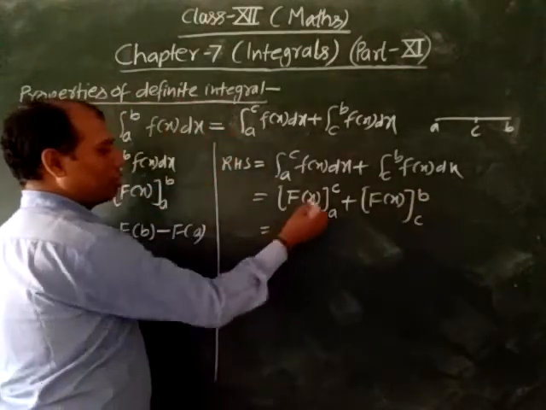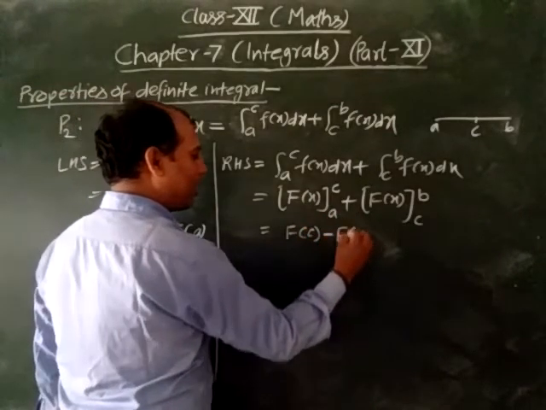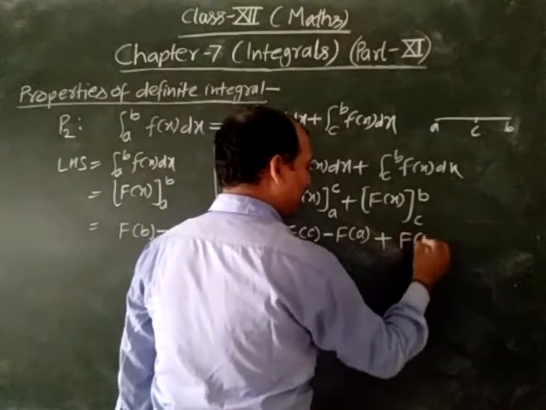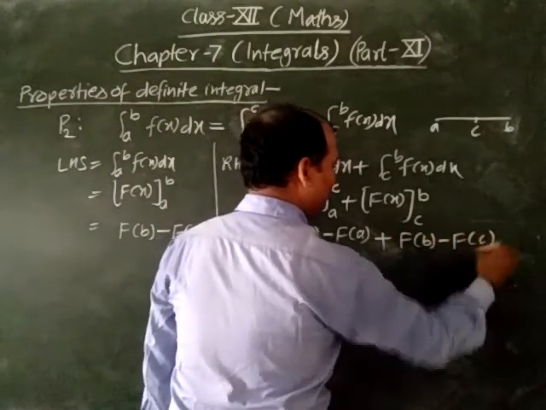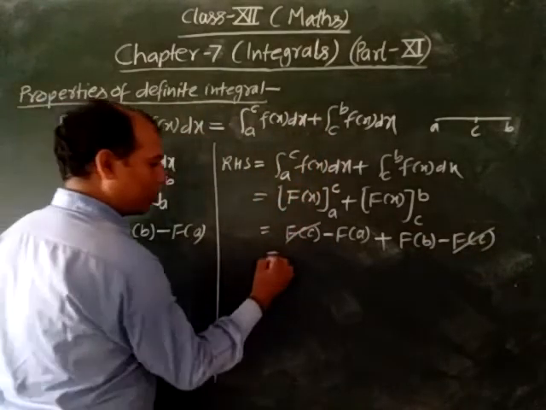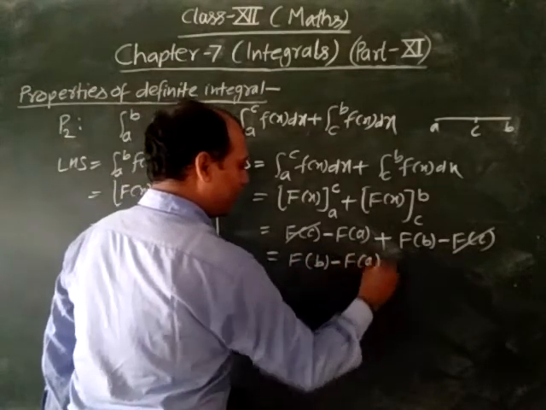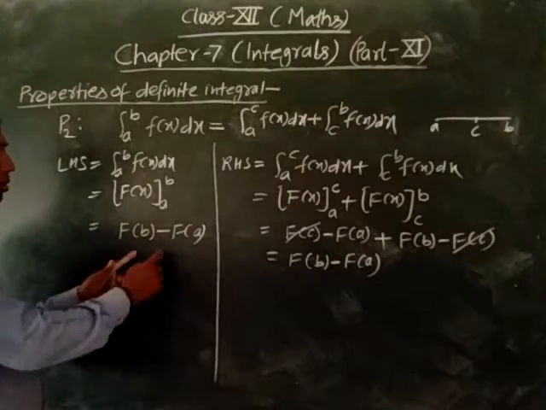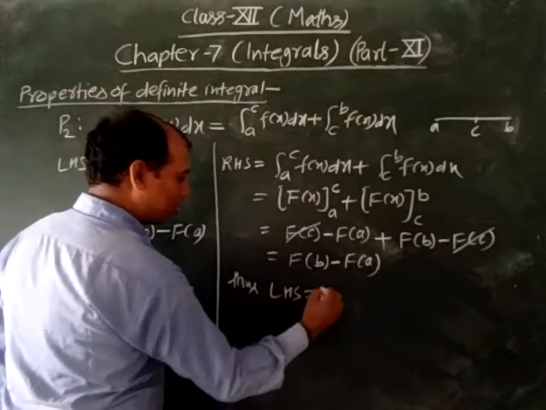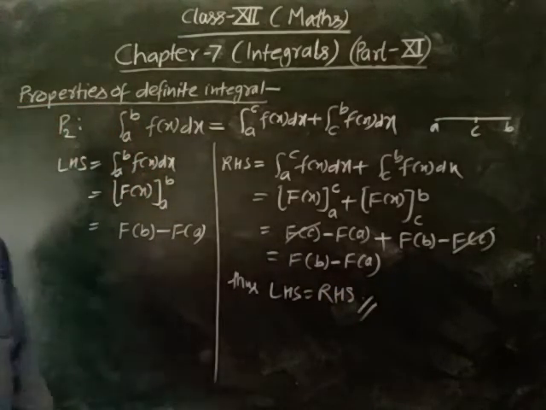Now applying limits on this function, this becomes F(c) minus F(a) plus F(b) minus F(c). Now F(c) and minus F(c) are cancelled out. This is equal to F(b) minus F(a), and this is also the value of LHS. Thus LHS equal to RHS. This is the proof of this property.